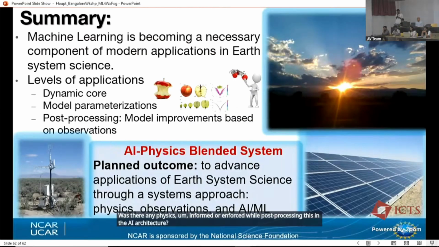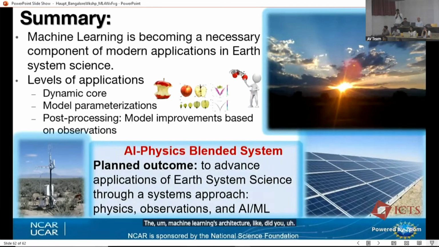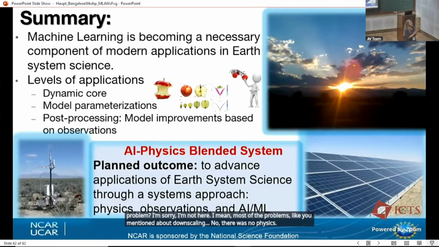Did you introduce any types of physics in the machine learning architecture, or is it just post-processing? Are you talking about the downscaling problem? For most of these problems, the downscaling and post-processing, no, there was no physics in that at all. But still it was able to capture very well the detail. Thank you.